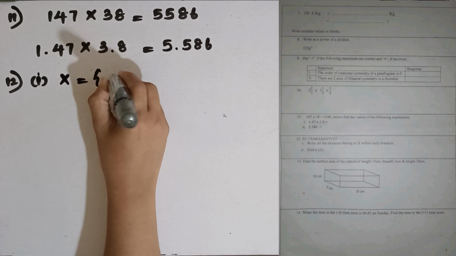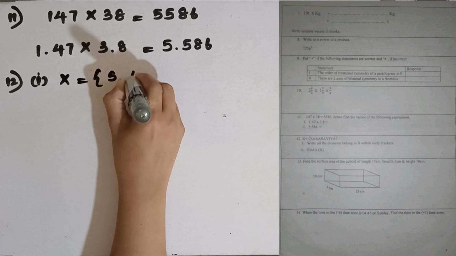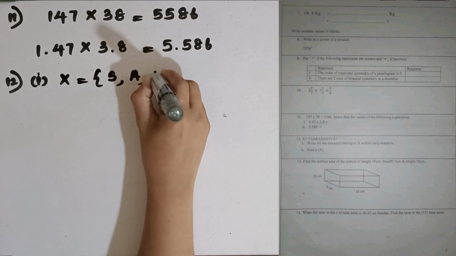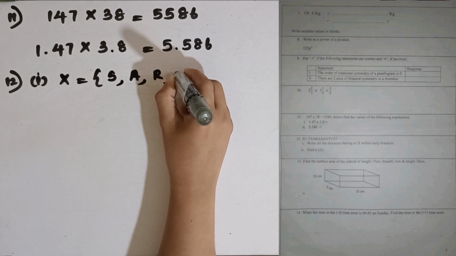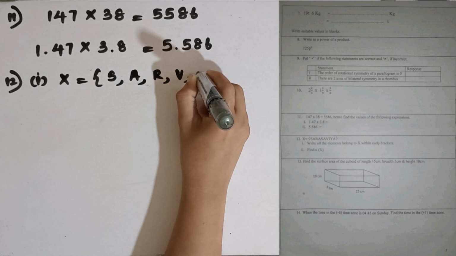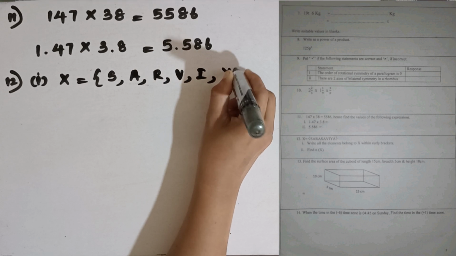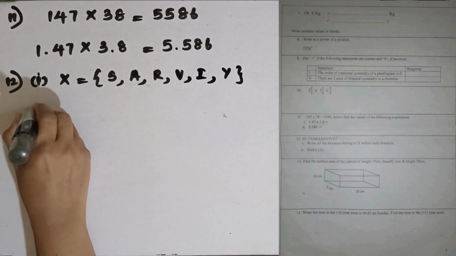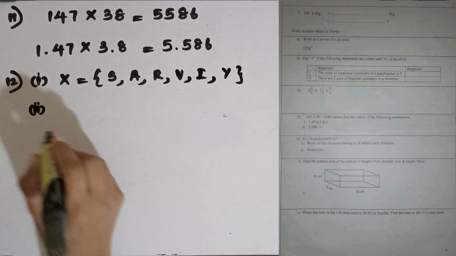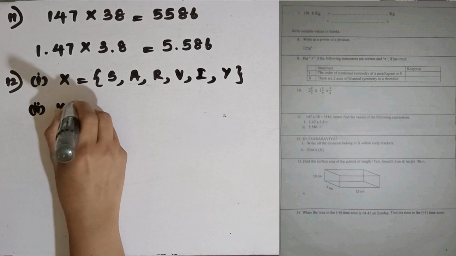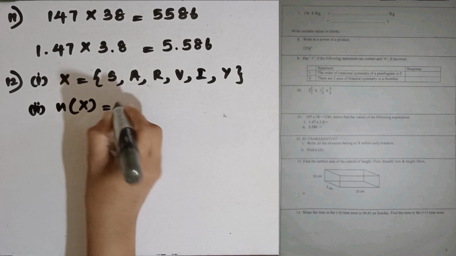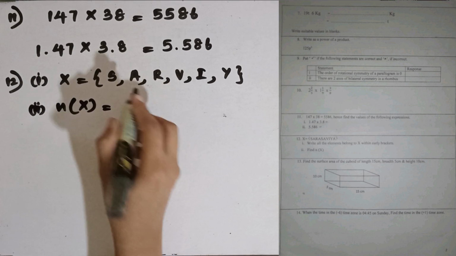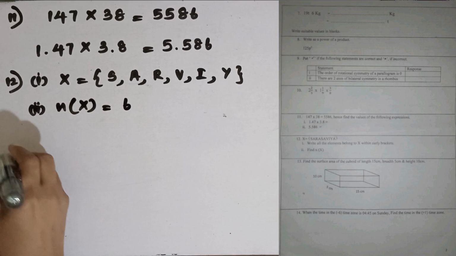What are the letters here? A, R, V, I, V. These are all the letters. Then part 2, find NX. How many letters are there? 1, 2, 3, 4, 5, 6. NX is equal to 6.